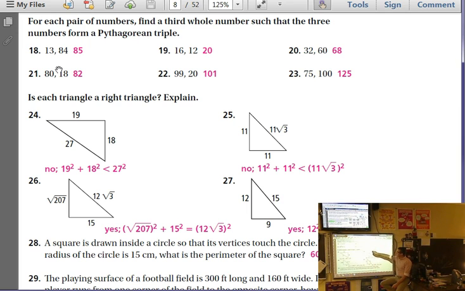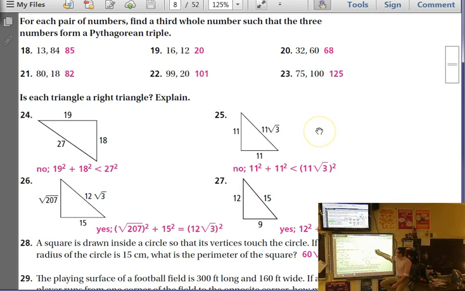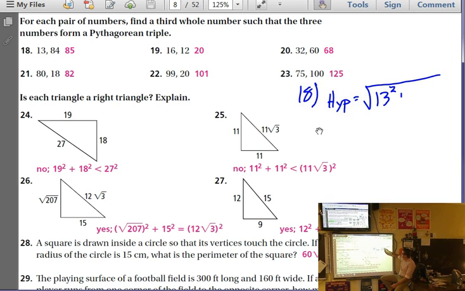So like 18, my 2 options for that would be, if I was looking for a hypotenuse, that would be a third one. 13 squared plus 84 squared. 13 squared is 169, but 84 squared gets really bad.